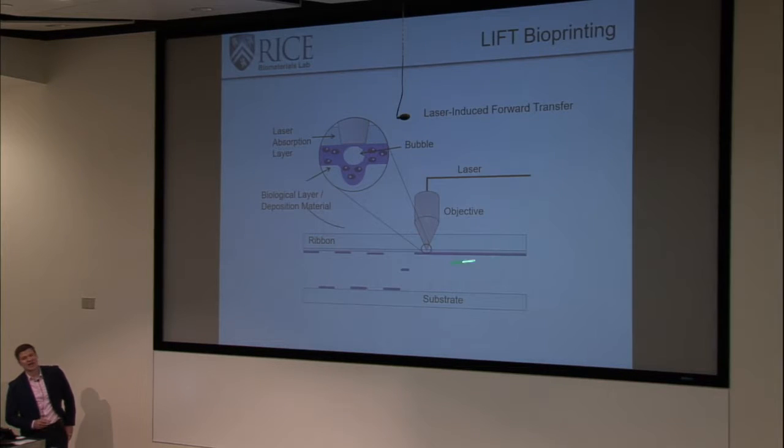So this is going to look a lot different than the other two techniques we talked about. And this bioink here has whatever materials we're using as well as cells, and it's actually going to adhere to our bioprinting ribbon here. We use a focused laser then to create these air bubbles, kind of like what we're doing with inkjet printing, that will create a jet that deposits these bioink layers onto a substrate.